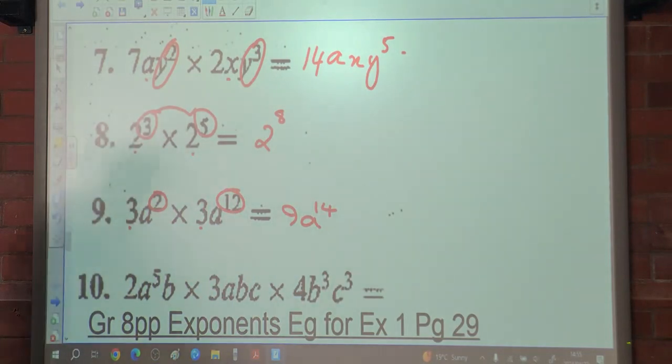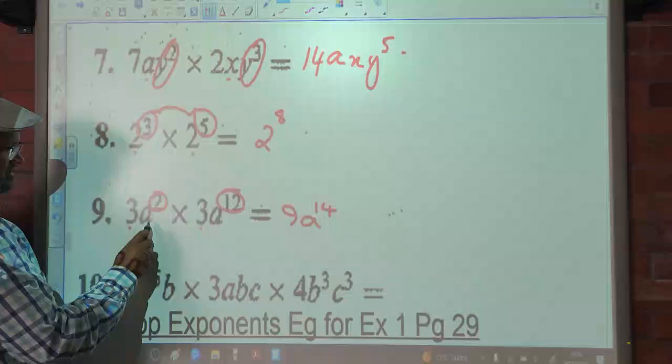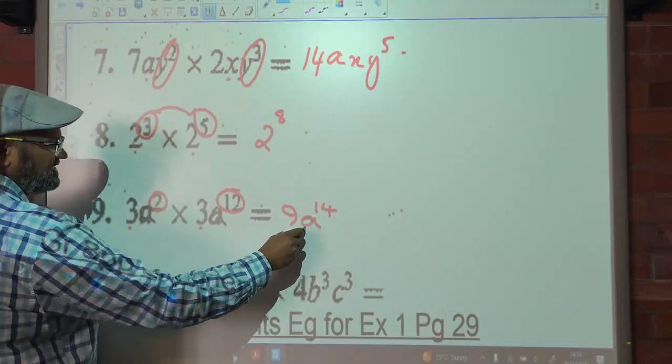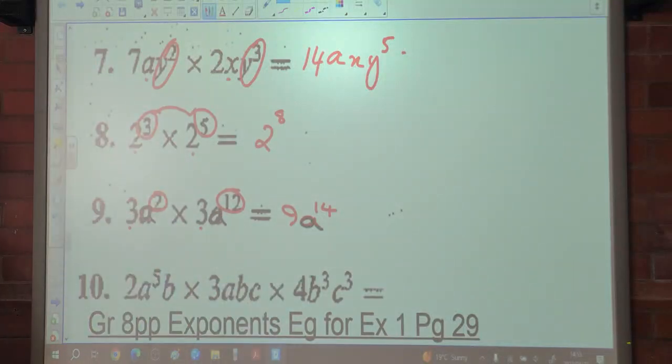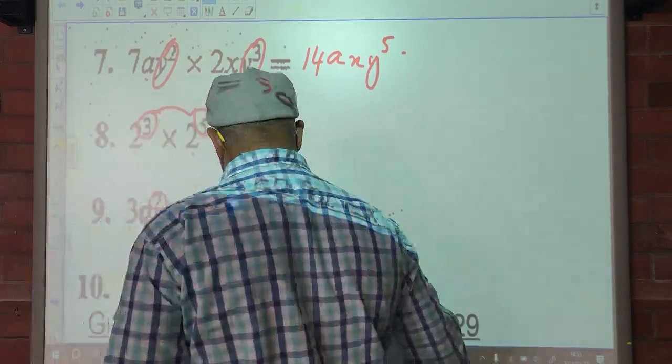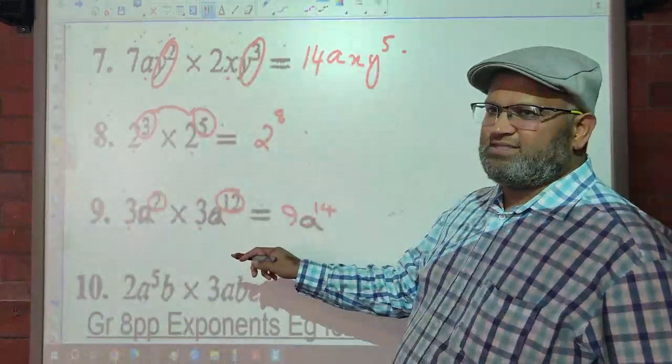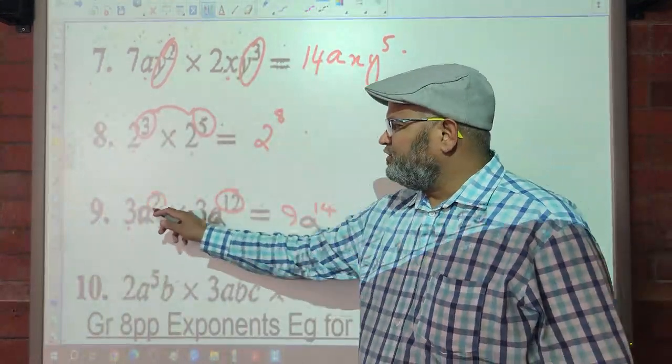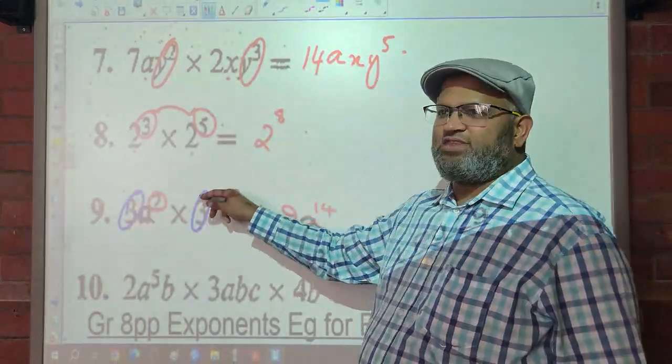So shouldn't the base stay the same? Yeah, the base stayed the same. Which sum are you referring to? Number 9. Because it was a coefficient of 2. It's a variable. But you are asking me probably with regards to the 3.